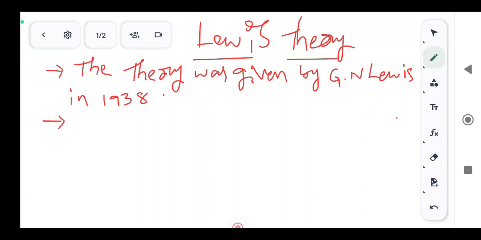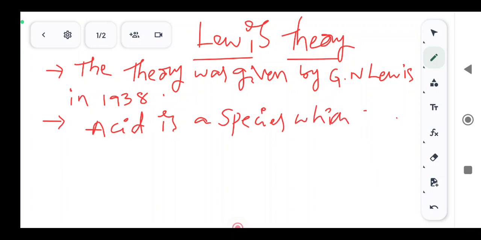So according to this theory, an acid is a species which can accept a pair of electrons.